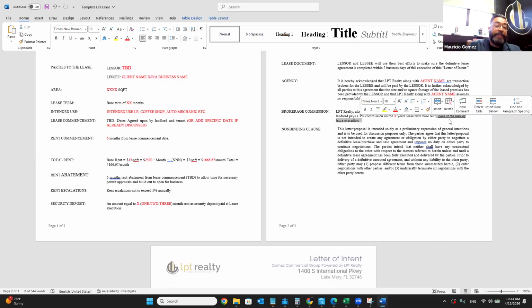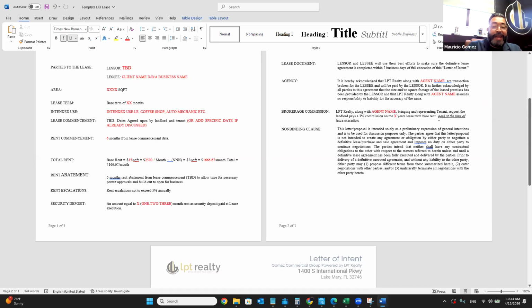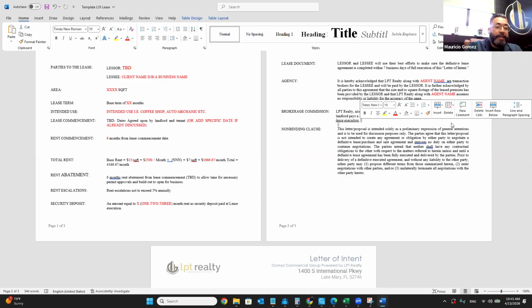You're not going to get that other 50% of your commission till 6 months down the road when they start paying rent. But if I can establish from the get-go that I want to get paid the full amount at lease execution, a lot of the time I get paid the full amount at lease execution because the landlord will look at it as this is part of the negotiations. This is what he wants. I'm okay. I'm willing to do that. And they will pay me at lease execution. Okay.